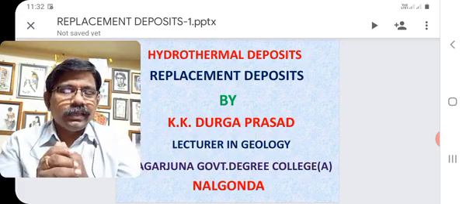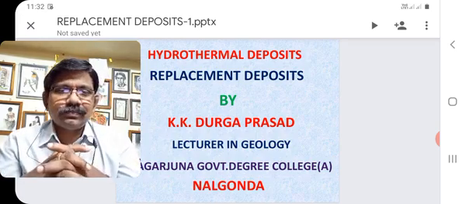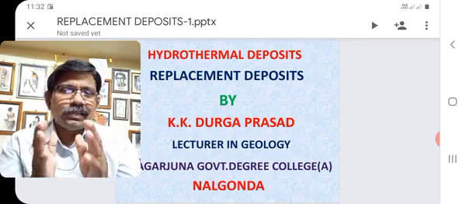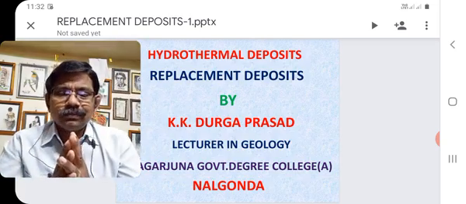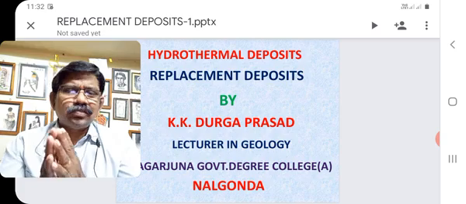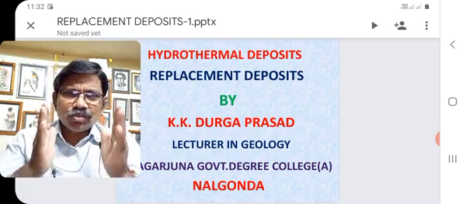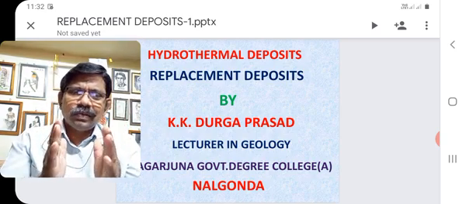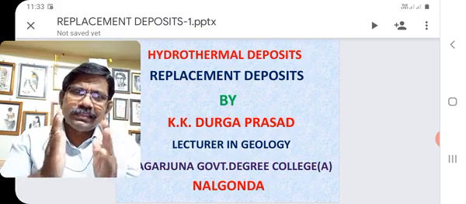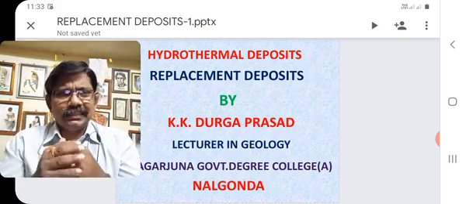Then we have to divide the total chapter into some parts. First, its introduction: it is a hot solution in a liquid state, having 500 degrees centigrade down to about 50 to 100 degrees Celsius.